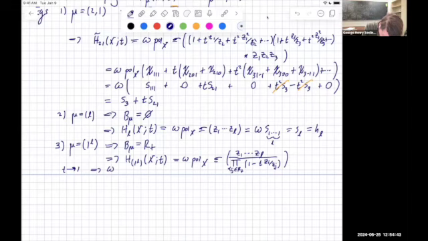So we get omega of little h 1 to the L, which is just the same thing as S1 to the L. So in this case, we have some sort of T deformation of the product of L Schur functions S1 to the L.